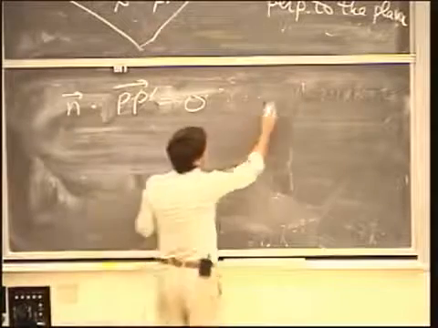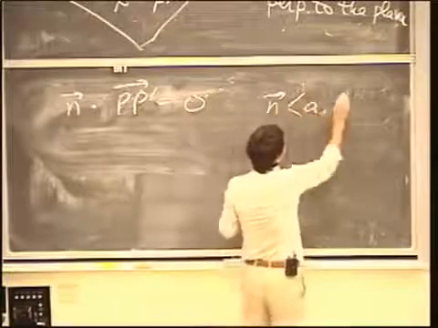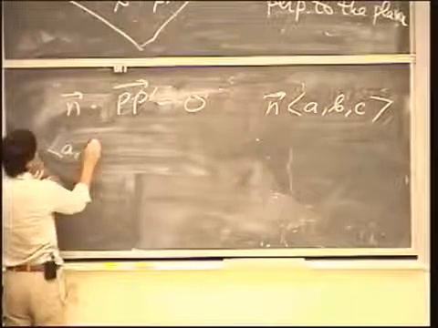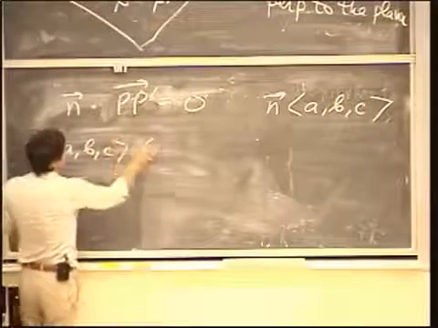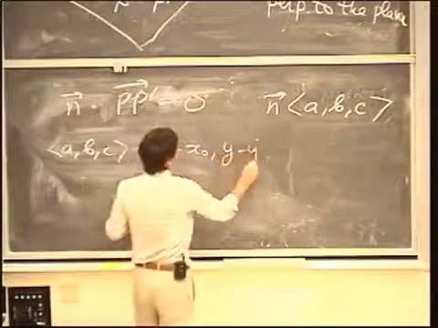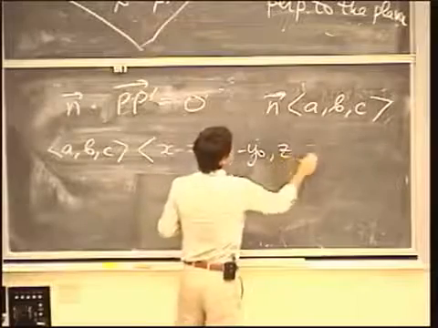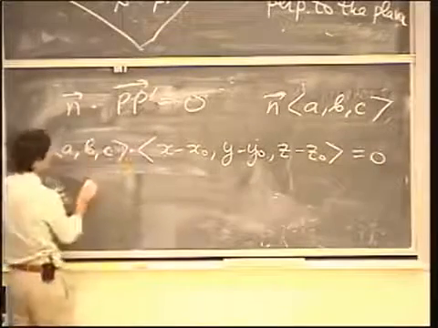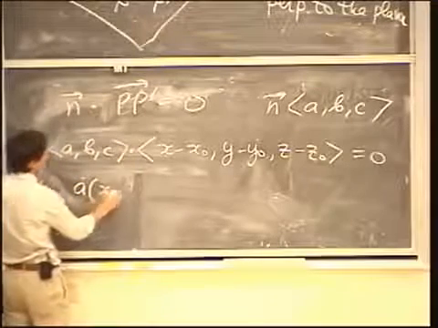Now, if I write n as a, b, c, and I write PP prime as before as x minus x0, y minus y0, and z minus z0, and use the rule of dot product, I will find the following equation.